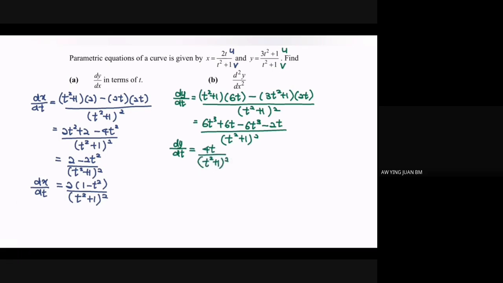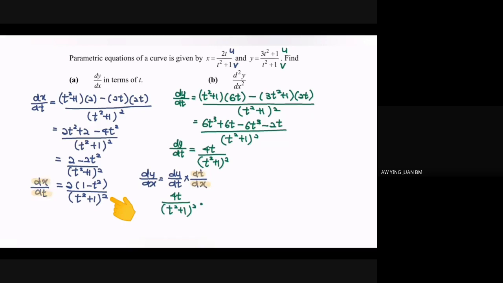So next, what we're going to do is to find the dy dx in terms of t. So in order to find the dy dx, we're going to have dy dt multiplied with dt dx. So kindly substitute the situation. We have 4t over t squared plus 1 power 2 multiply with, in here we have dt dx, and in here we have dx dt.